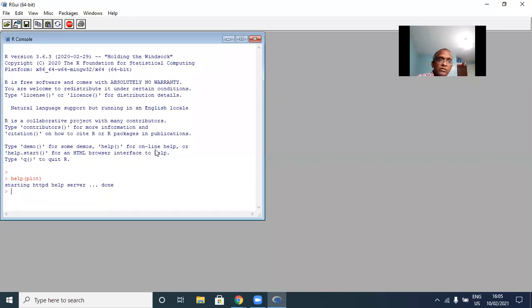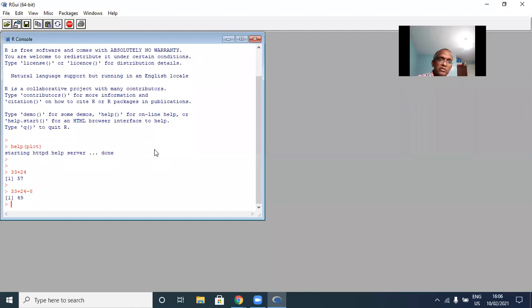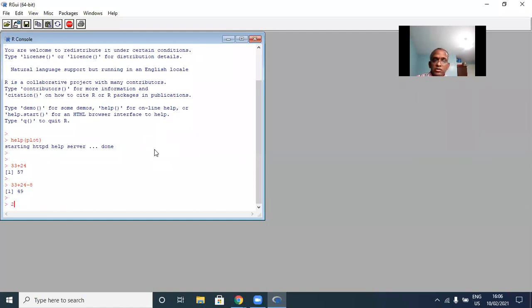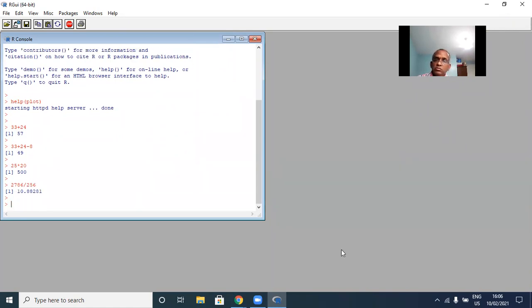All right. Okay, now let me show you some simple stuff. If you want to add two numbers, this is how you do it in R. If you want to add and subtract, this is how you do it. If you want to multiply two numbers, you just use the star symbol, right? And if you want to divide two numbers, this is what you will do, right?